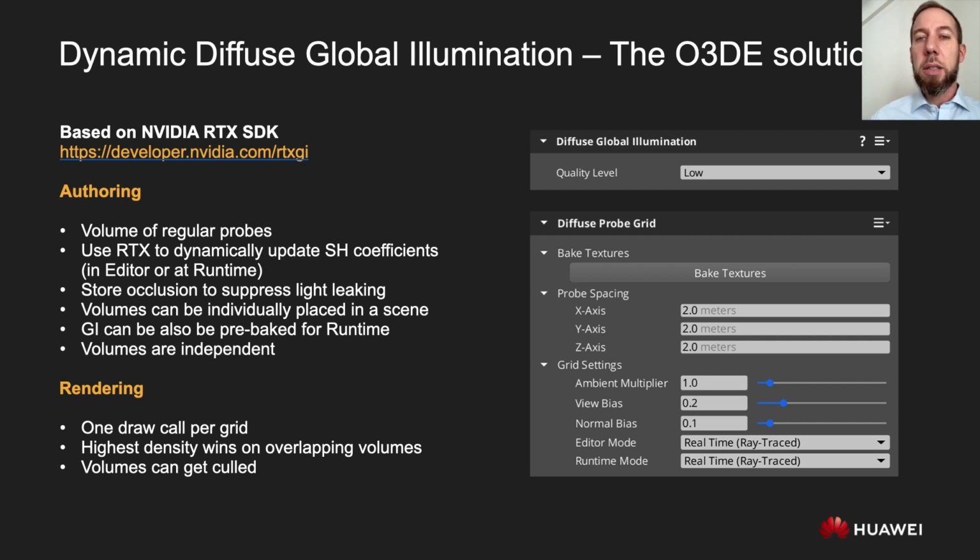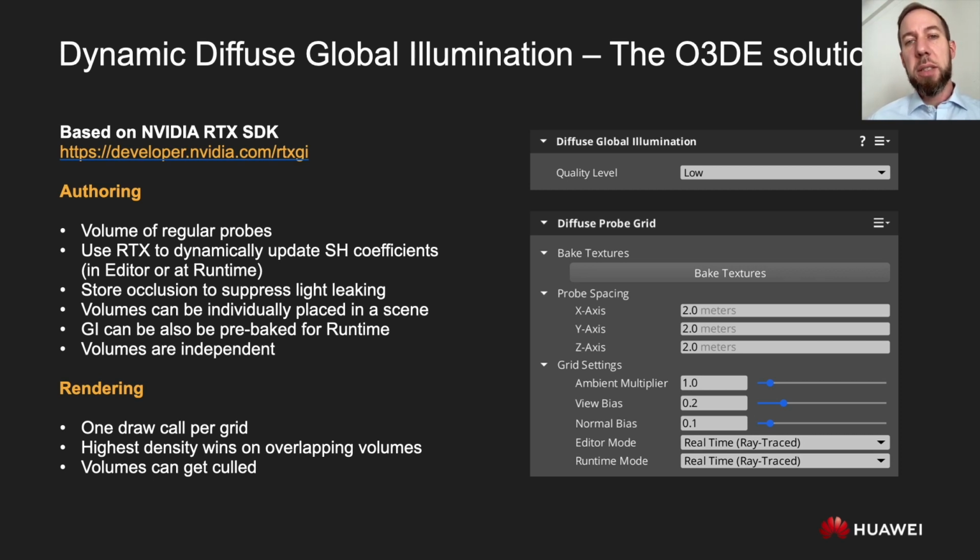Additionally, there are the usual biasing parameters to avoid self-lighting and fetching the wrong GI when surfaces, for instance, are too close to probes or stuck inside geometry. In O3DE, grids can be placed with boxes into a scene with specified probe density.